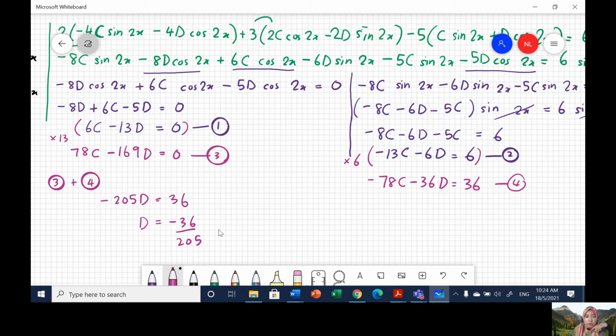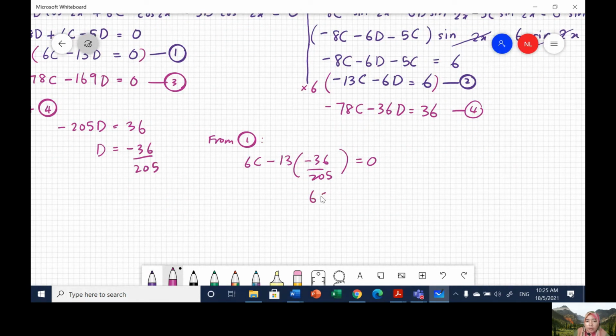So what is your C? You can substitute in equation number 3 or 4, or you can substitute in equation number 1 or 2. It does not matter. Let's say I choose equation number 1. From equation number 1, I have 6C minus 13 times our D, which is negative 36 over 205, equal to 0.